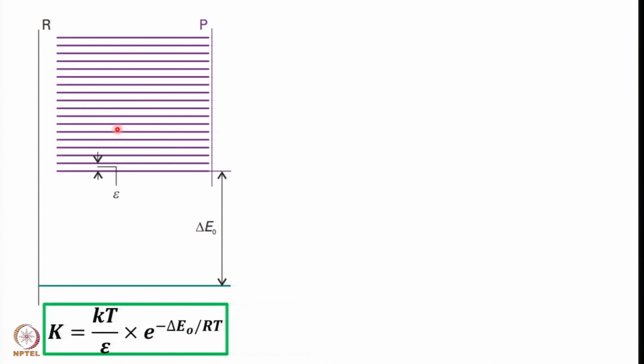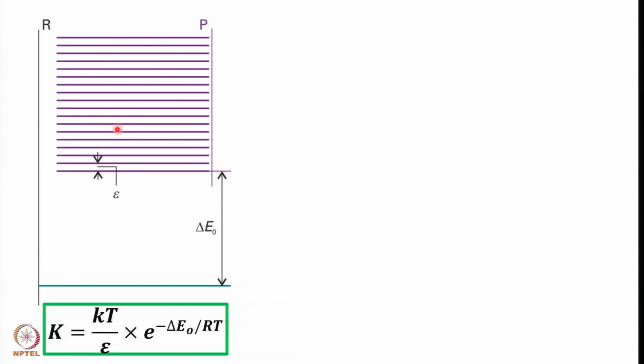And then by using an expression for equilibrium constant, which is equal to the ratio of the molecular partition functions corresponding to products and reactants into exponential minus delta E naught by RT.